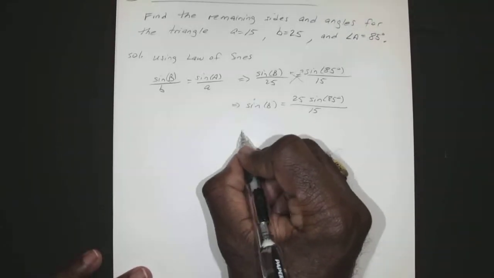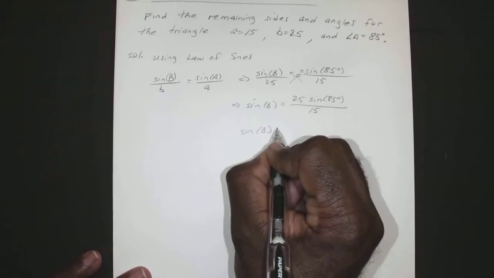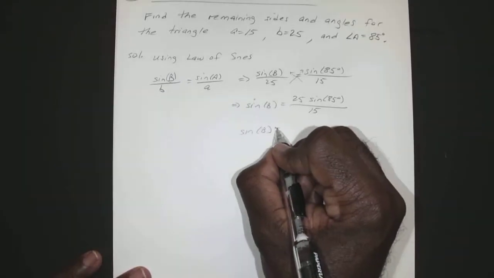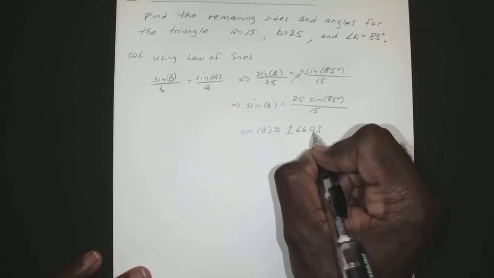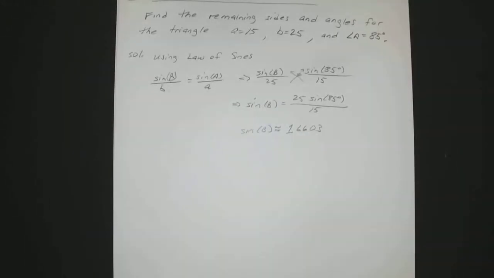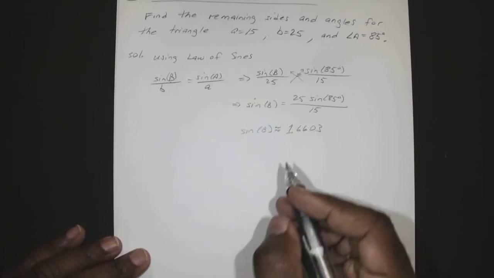If you plug that into your calculator, you will end up with sine of B, rounded because it's kind of a decimal, 1.6603. Which is a dead giveaway that that's not possible. Because you remember, sine and cosine oscillate between -1 and 1. So if it's any value of sine bigger than 1, there's no solution.